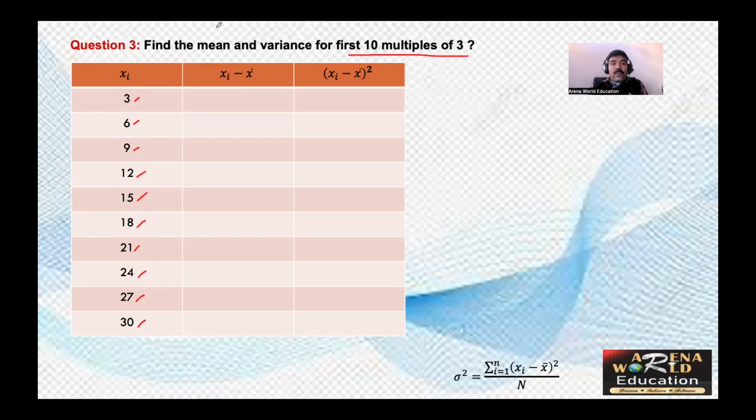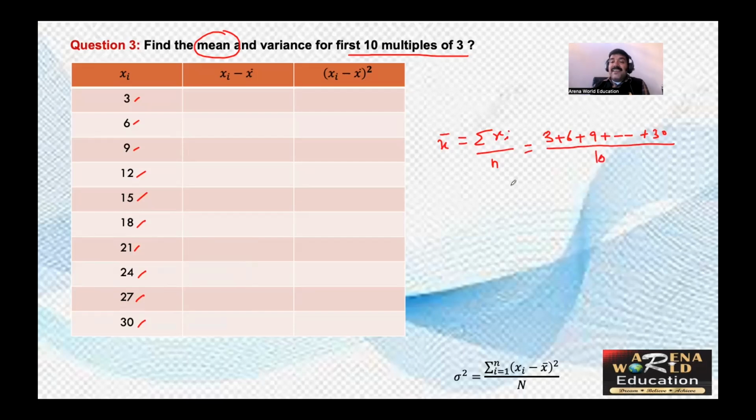So if I talk about mean, so mean will be equal to, yes, summation xi divided by number of terms, right? So it is what? It will be 3 plus 6 plus 9 and so on up to last term 30, and whole divided by 10.